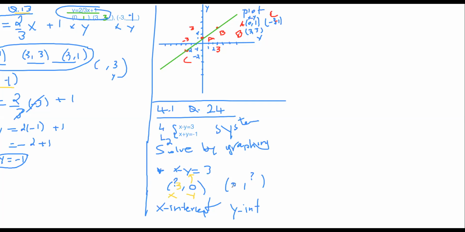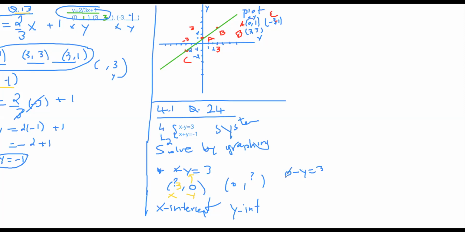Now, let's see what happens if x is 0. This will be what? We need to find y. So this x is 0, so we're going to put 0 here. So 0 minus y will be 3. And then you solve this for y. What's 0 minus y?